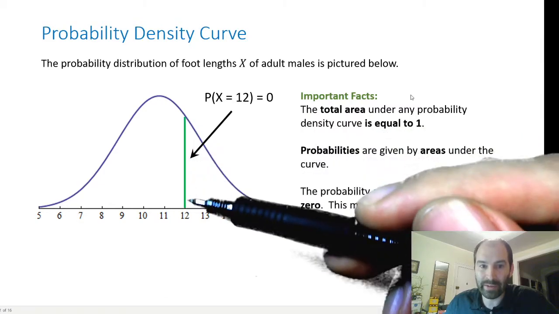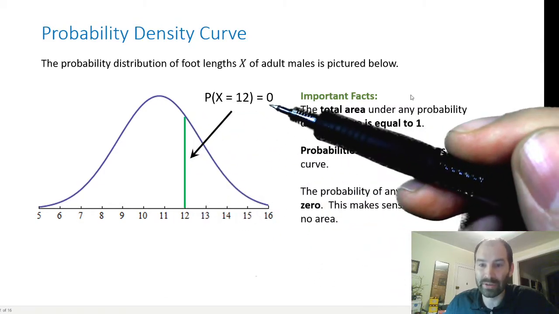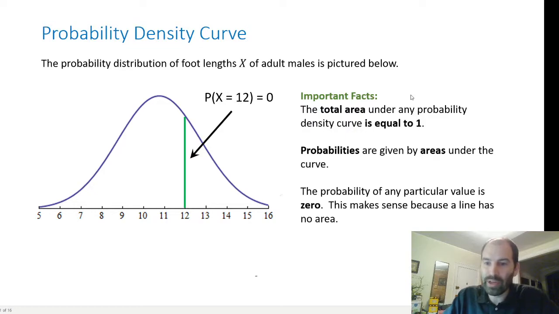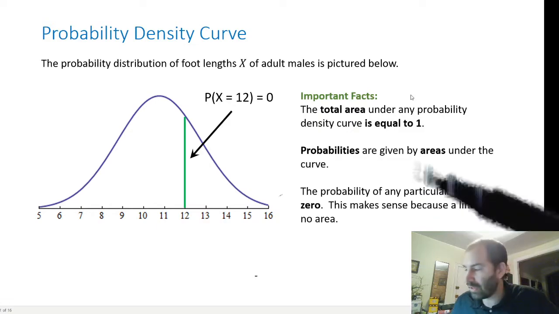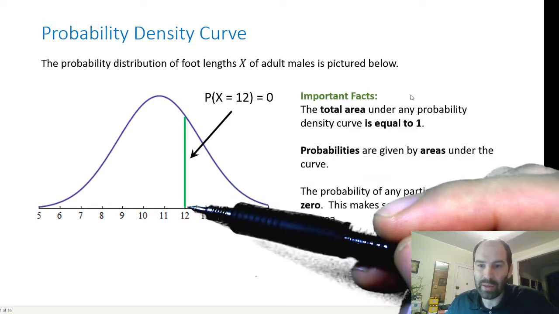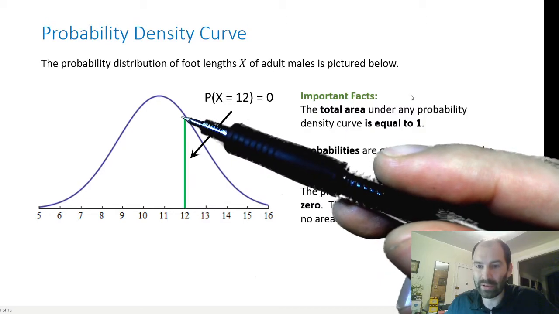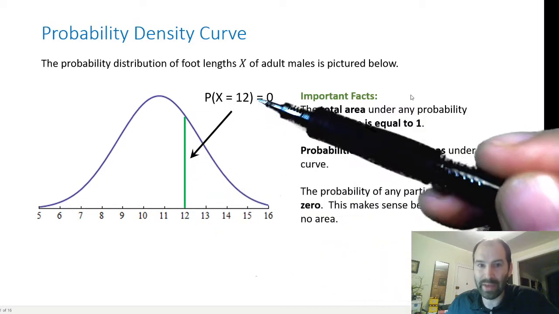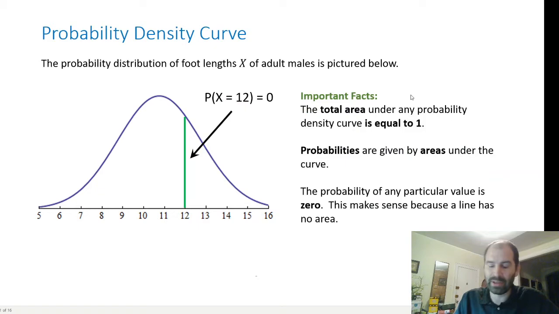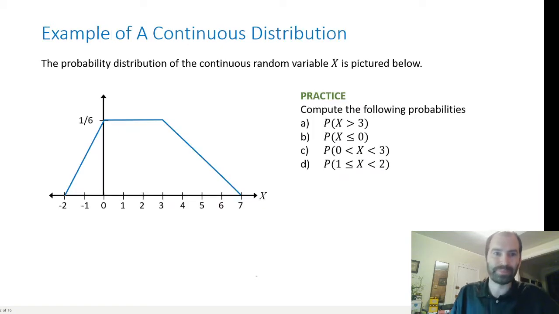It's the area of this line, and the area is 0. So make sure you realize that very important distinction between discrete random variables and continuous random variables. Because we're doing areas, the probability is not the height of the curve. It's the area, and that means that the probability that x equals something has to be 0.